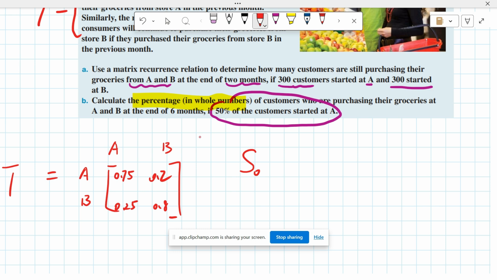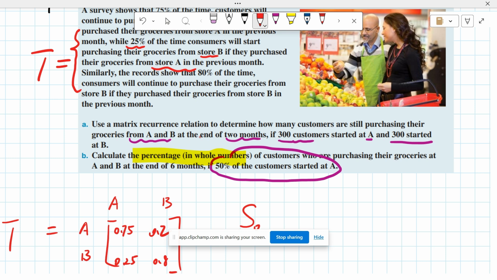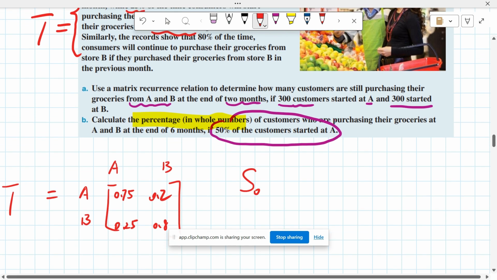Now we're going to talk about S0. Question A: use a matrix recurrence relation to determine how many customers will be purchasing their groceries from A and B after 2 months, if 300 customers start from A and 300 start from B. So S0 is 300, 300.